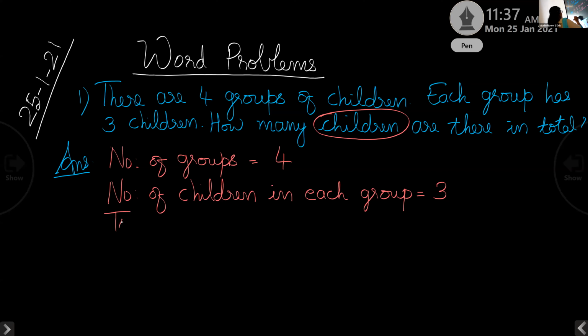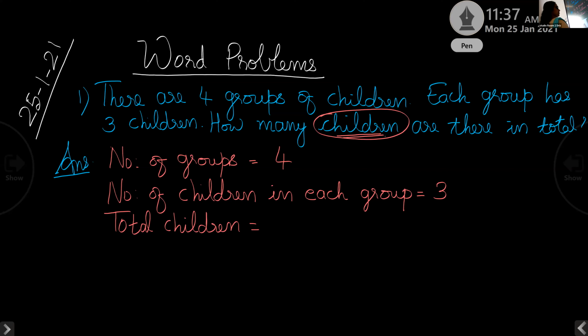Last statement, total children. It is asked to find out the number of children. So we have to write the second and third statement related to children. So total children is equal to, Mitra, which number is to be repeated and how many times is it to be repeated? 3 is to be repeated.